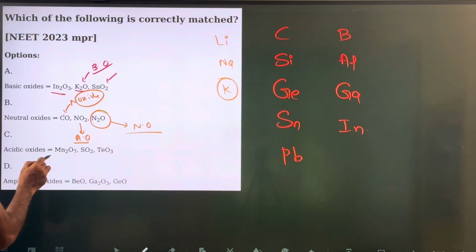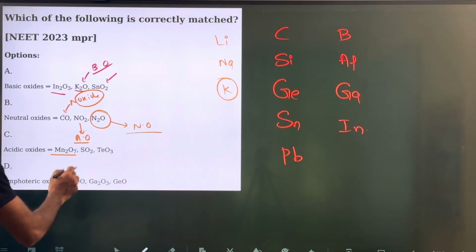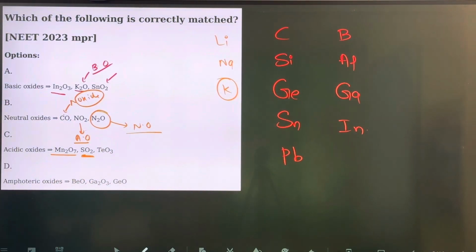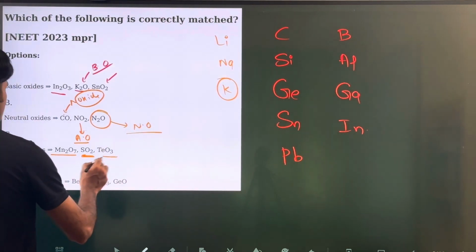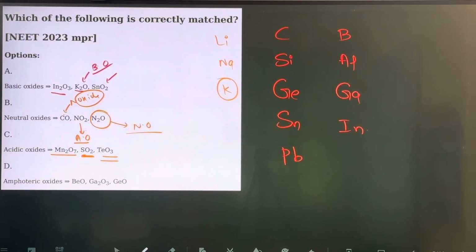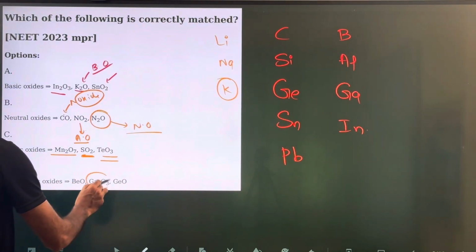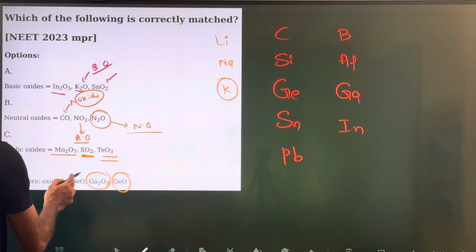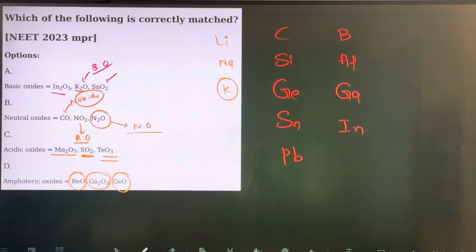Now acidic oxides are given here. Mn2O7, as the oxygen number increases, acidic character increases. Sulfur dioxide is a non-metallic oxide, so it is also an acidic oxide. Tellurium trioxide is also an acidic oxide. Now Ga2O3 is there, and this is an amphoteric oxide only. Beryllium oxide is also an amphoteric oxide.